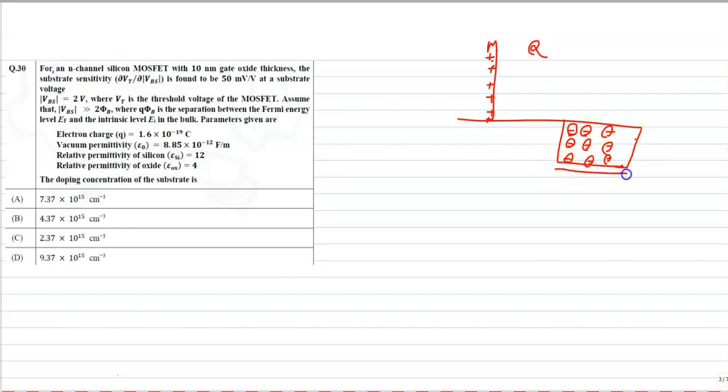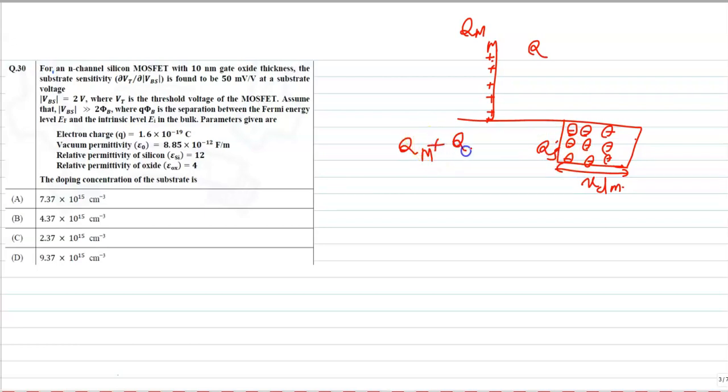and this distance is the maximum, because you are calculating the threshold voltage, the maximum distance is the xdm. Okay, and this is your Qm. So for the time being, I will assume that there are no trap charges in the oxide. So by charge neutrality, let's say this is the Qs, total charge per unit area.